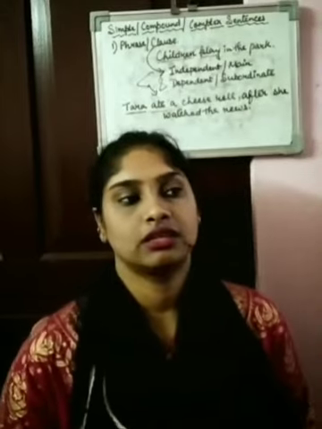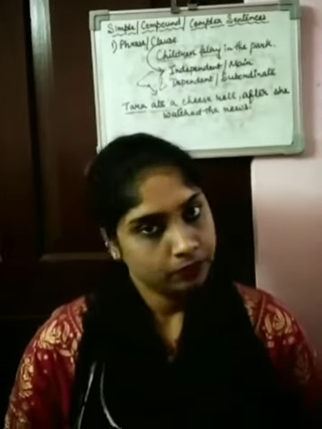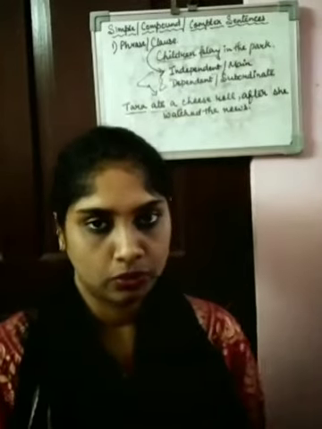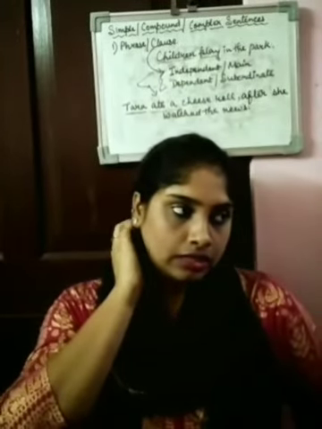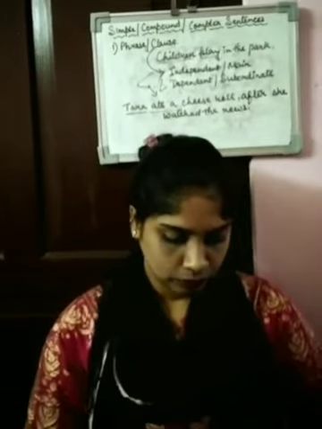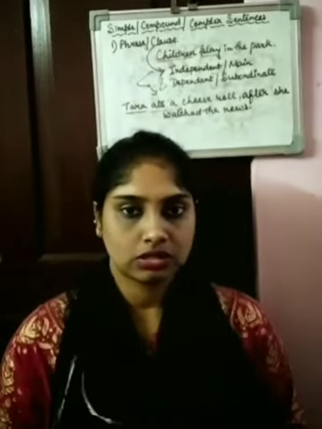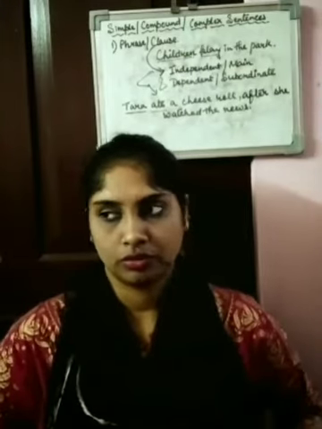I think I have been able to make you understand. Now we will get to know more. While we're talking about these types of sentences, we'll get to know about it more.